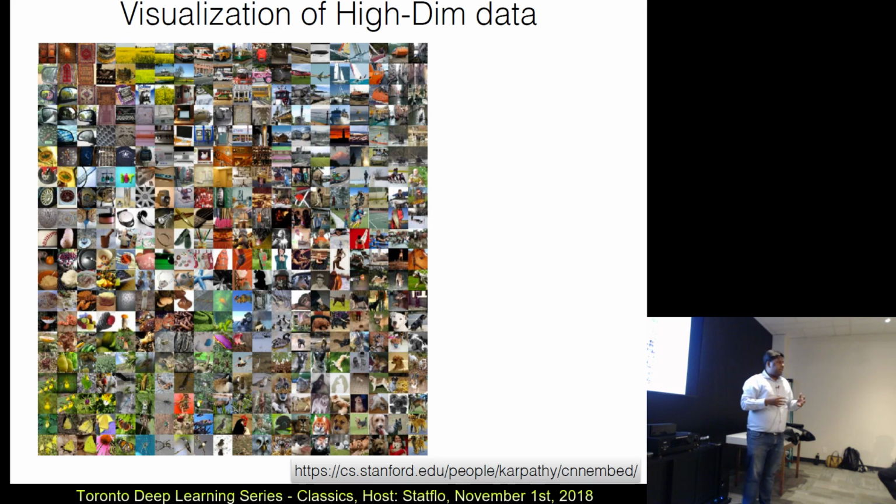I put this slide in just to motivate you that t-SNE is not just an algorithm to make pretty plots, it can make you money. Because this is how Google image essentially recalls images back.